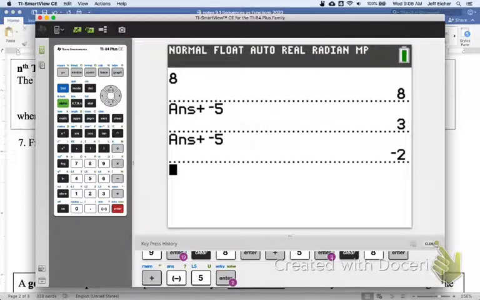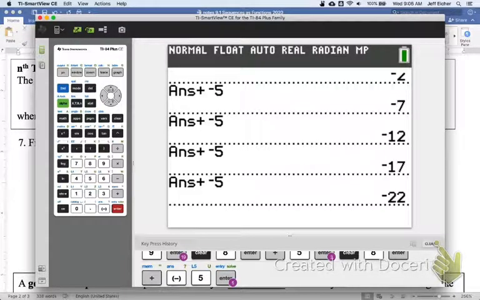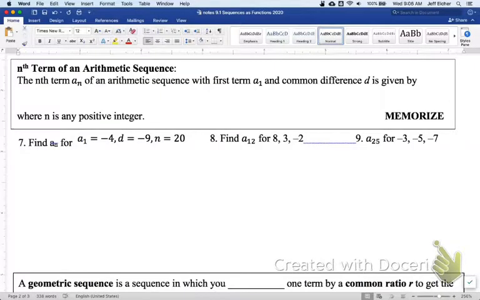So my second, my third, 4th, 5th, 6th, 7th, 8th, 9th, 10th, 11th, 12th. So the 12th term is -47. Is that what we got? 12th term is -47. Oh, I erased my work. Well, I hope so.